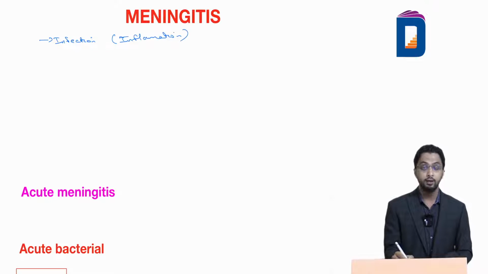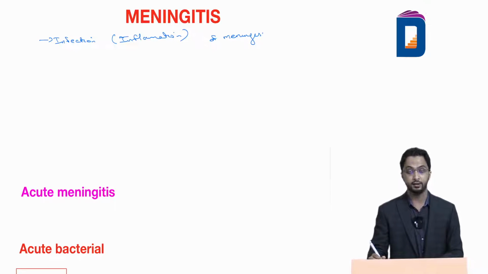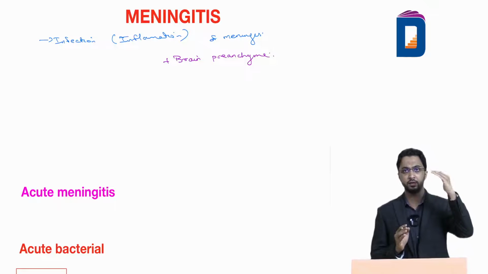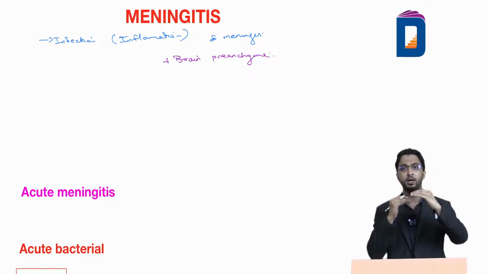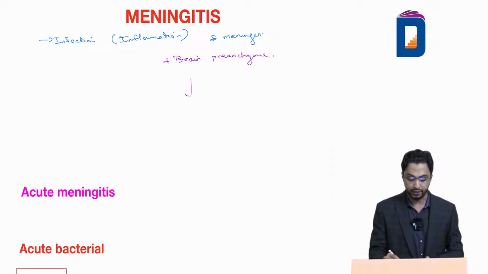Now one thing which you have to differentiate here is that if there is involvement of the brain parenchyma, or brain tissue, besides the meninges, then you call it encephalitis. So just a differentiating term, encephalitis.